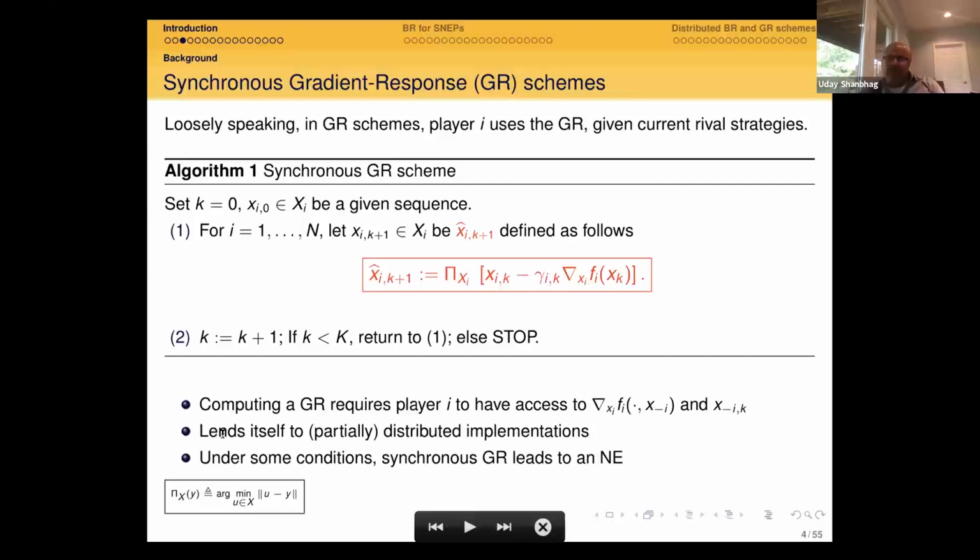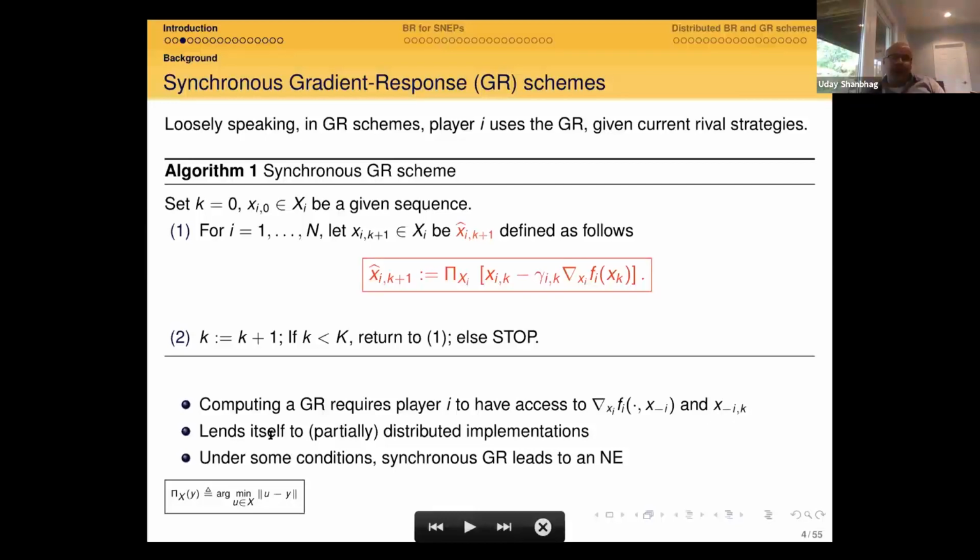This lends itself to partially distributed implementation, and the term partially here just means that players do need to have access to this rival information for the first part of the talk. For the latter parts of the talk, and you can see Lachlan did a wonderful job of trying to show how this could actually be learned. In the current setting, or in the third part of this talk, we'll be looking at a subclass of games where this is learned, in fact.